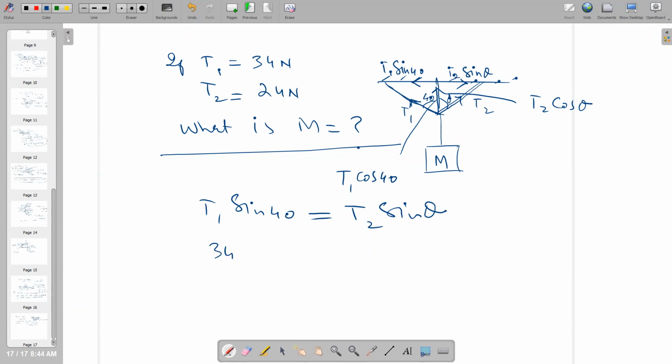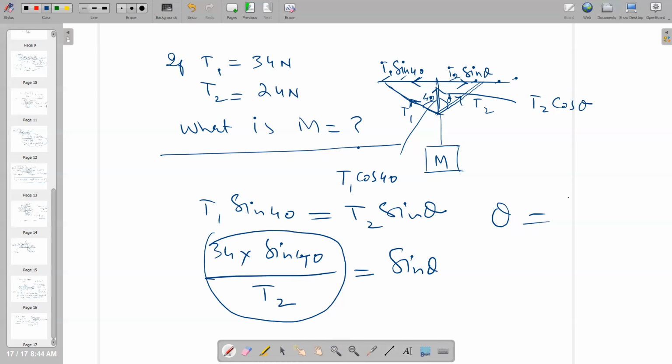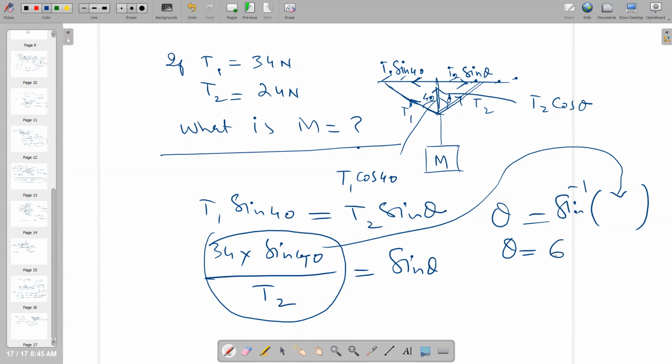So T1 is 34 into sine of 40 divided by T2 is equal to sine of theta. So from here you can find the value of theta, that is sine inverse, and solve this one. When you solve this one, the angle is around 65.5 degrees.